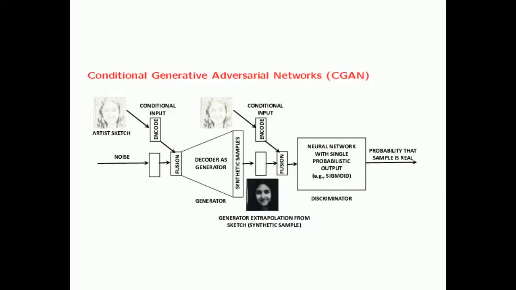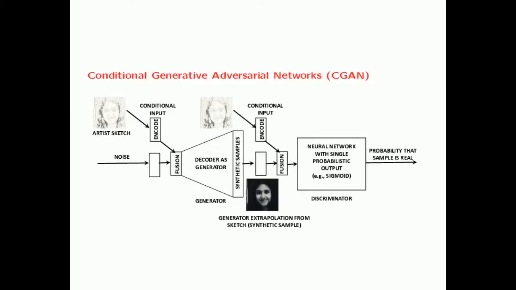So again you will do the same type of adversarial training, except that now this adversarial training is conditioned on the inputs. Similarly, the discriminator is also trained with this conditioning for both real and fake inputs.